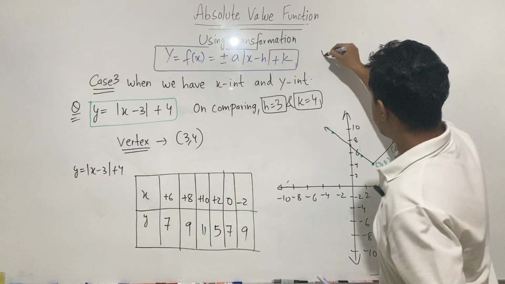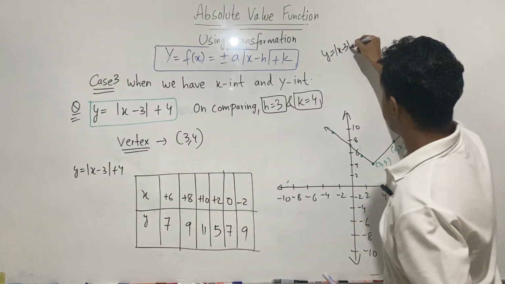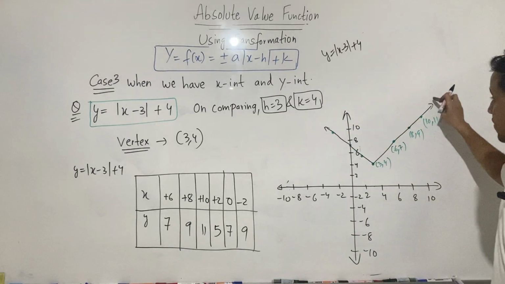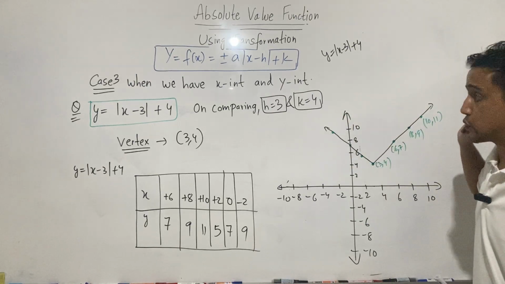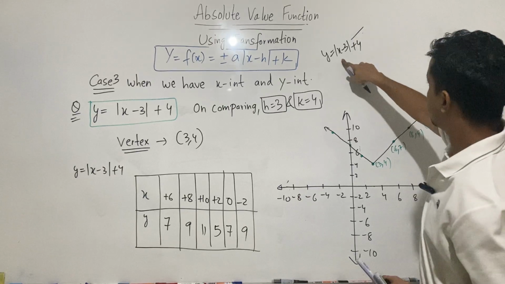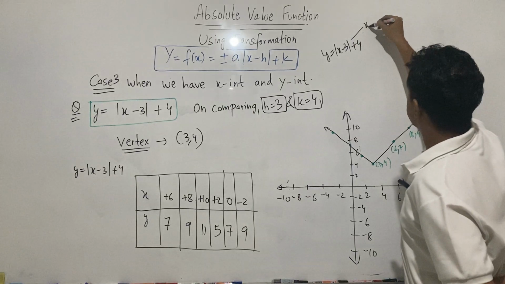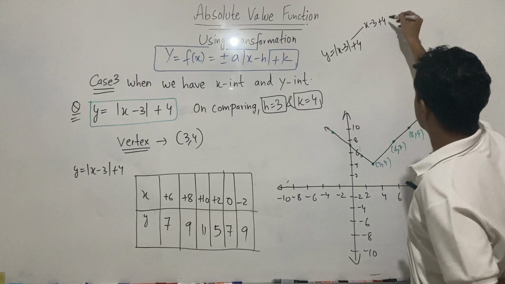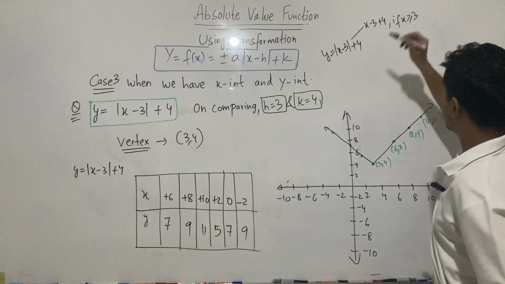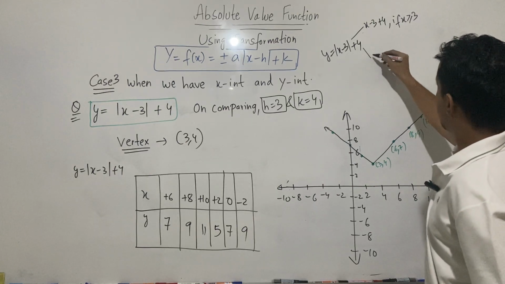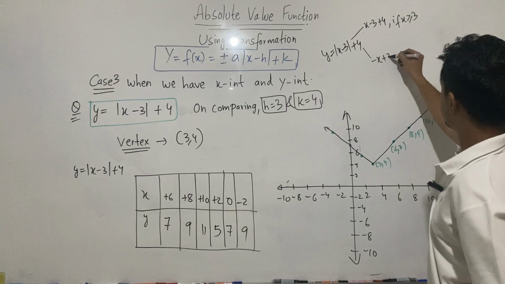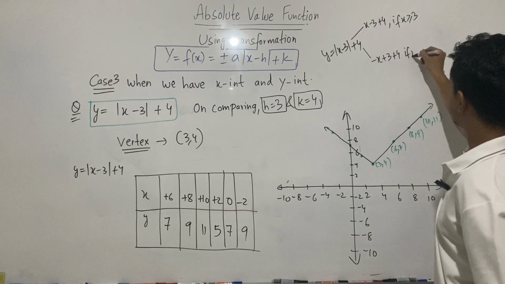Now see here, it was y equals modulus of x minus 3 plus 4, right? So now we have to find the equations of these lines too. Can I say it will be x minus 3 plus 4 if x is greater than or equal to 3, and minus (x minus 3) plus 4 if x is less than 3.